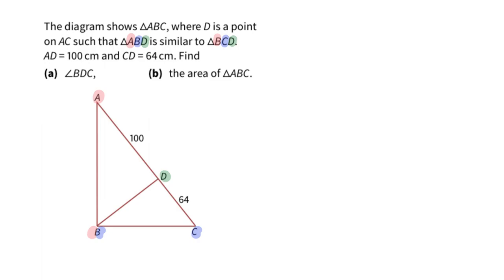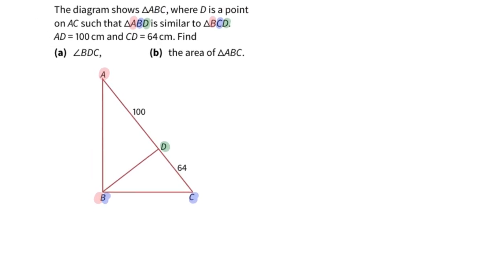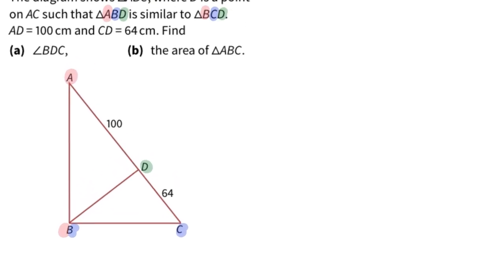Even better still, I'm going to redraw triangle ABD so that it's easier for us to see this pattern. I'm going to draw here just so that we can compare with BCD.